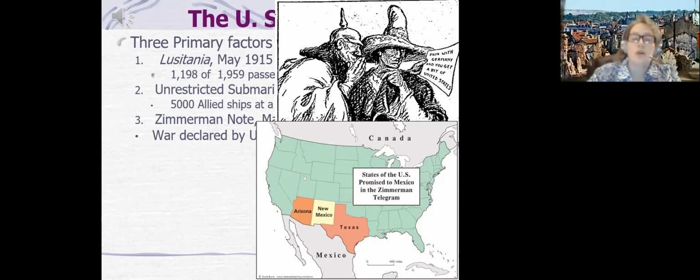And so what does the note say? Well, the Germans actually say that if Mexico will come into the war on the side of Germany and declare war on the United States, then when they all win the war, Mexico can have Arizona, Texas, and New Mexico back from the United States at the end of the war.